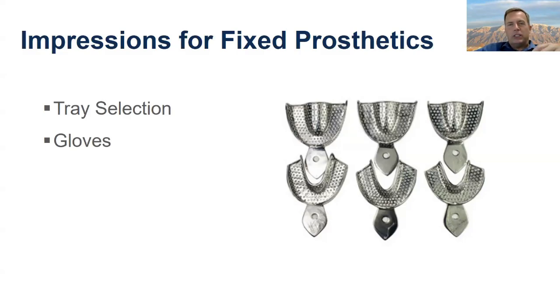Oh, I have a question. So let me go backwards here just a little bit. Does using a longer set time improve the impression detail and accuracy? I would say it depends on the case. If you're doing a small case, like a number 14 prep or something like that, I would say no, because it's going to give the patient more time to move and potentially generate inaccuracy.